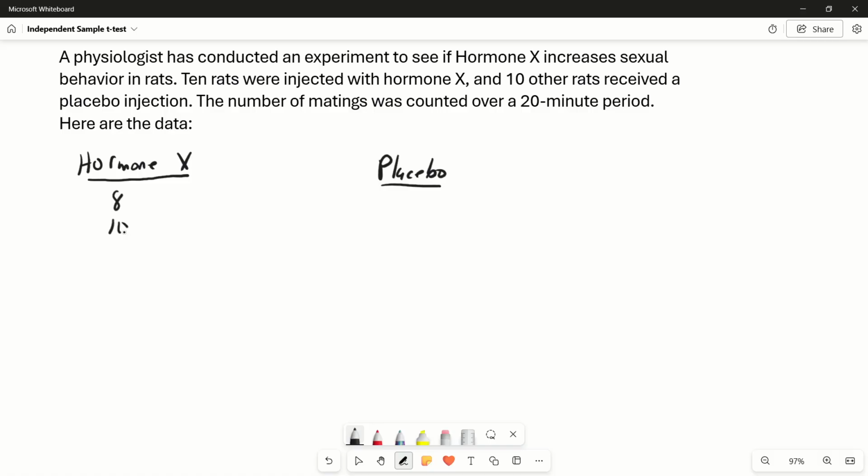And here's our data, sloppily written by myself. And we have placebo. And these are matings within a 20-minute period.